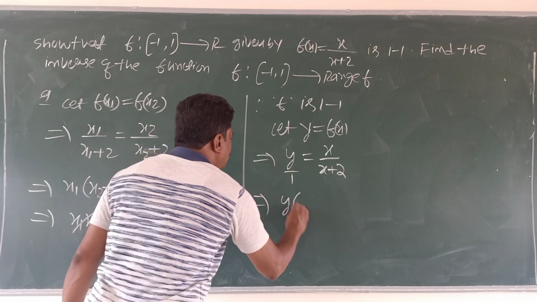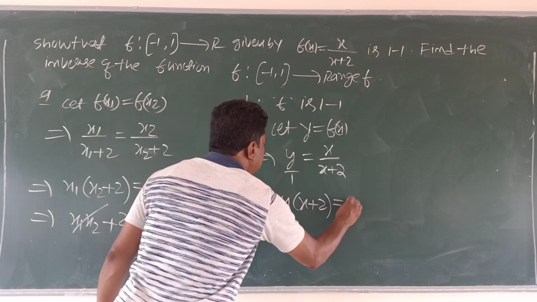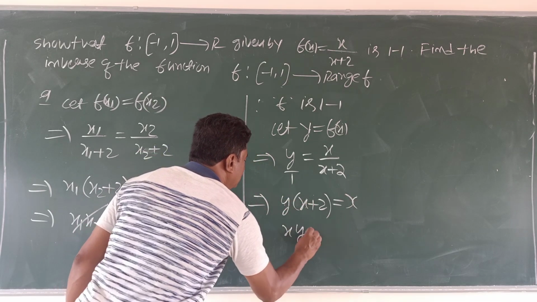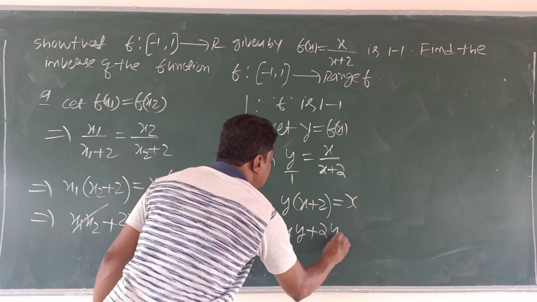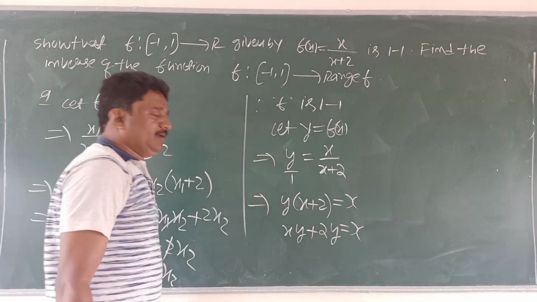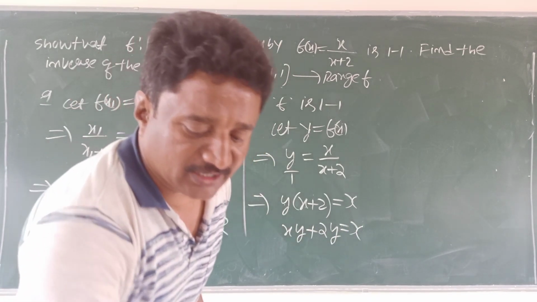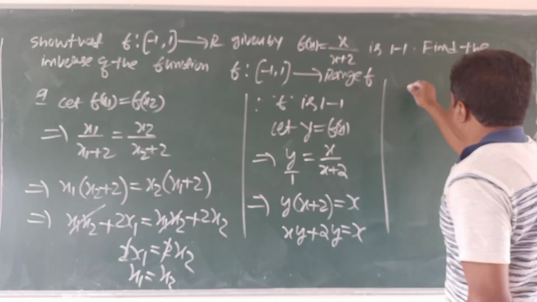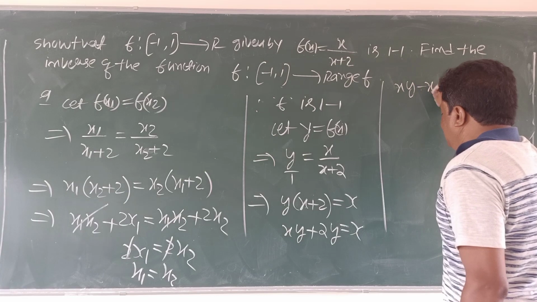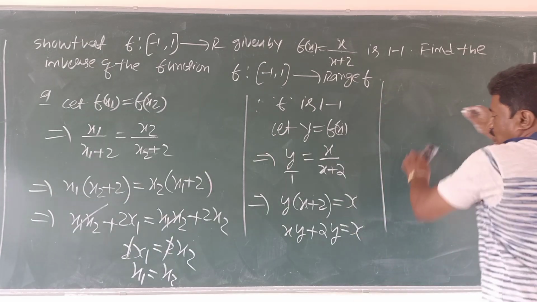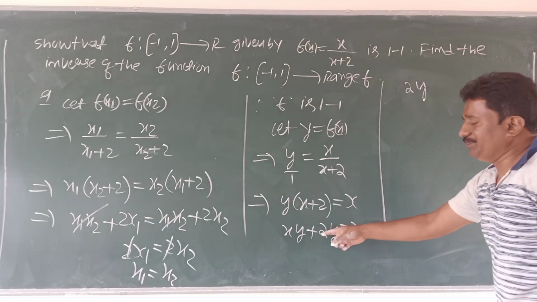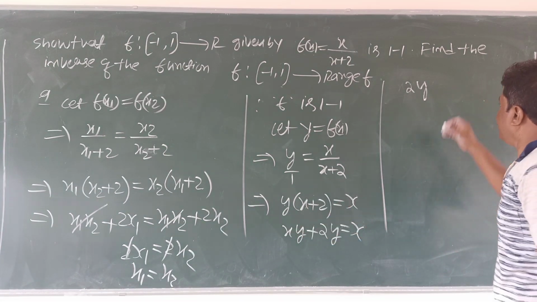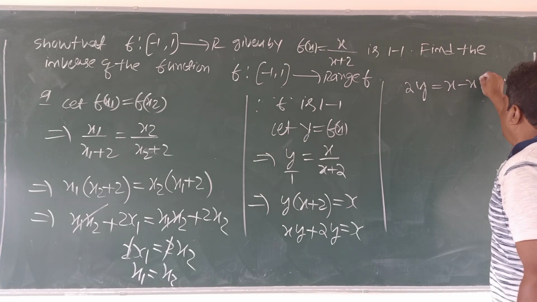So y(x + 2) = x. Multiplying, xy + 2y = x. Bring the x terms to one side to find the x value. So xy - x = -2y. Keep the 2y here itself and send the x term to the right side: 2y = x - xy.